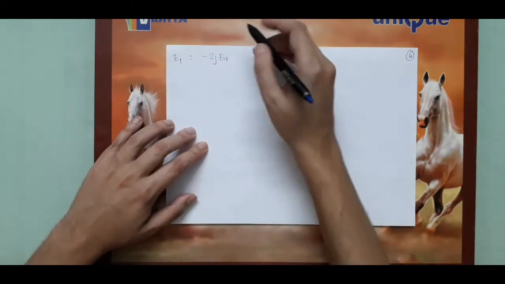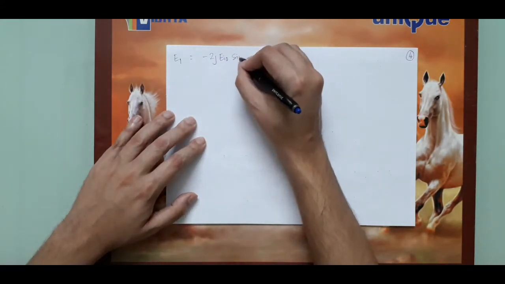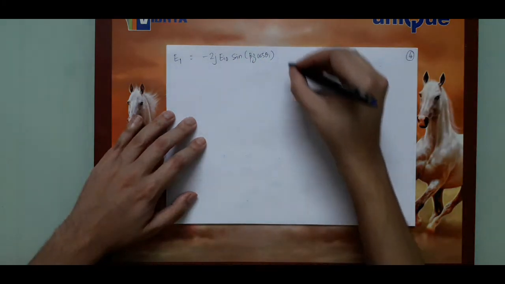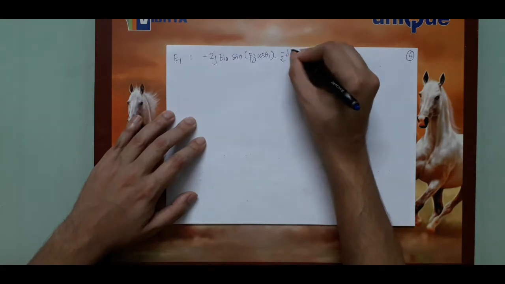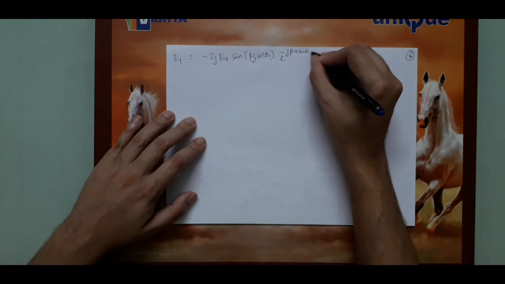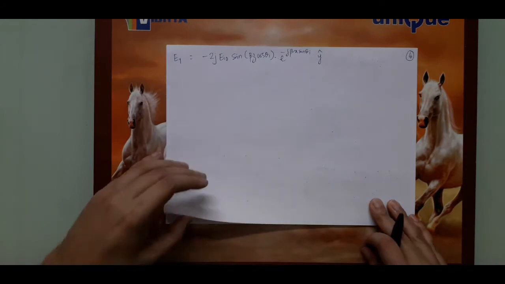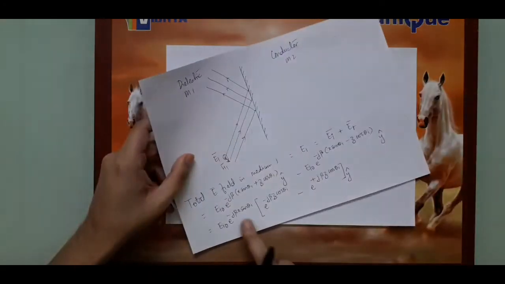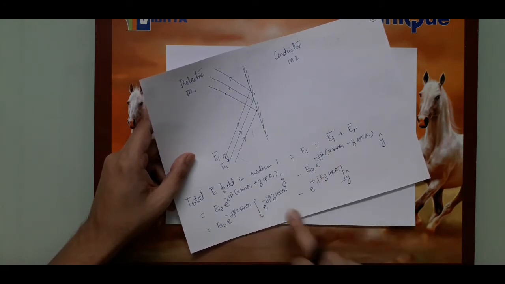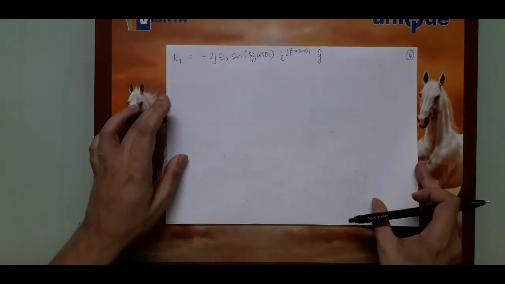So what I will get is sine of beta z cos theta I times e raised to minus j beta x sine theta I y. This is what we will get. You can quickly correlate. These two terms stay as they are, and this one is becoming that minus 2j sine of this component. So that is what we are getting.